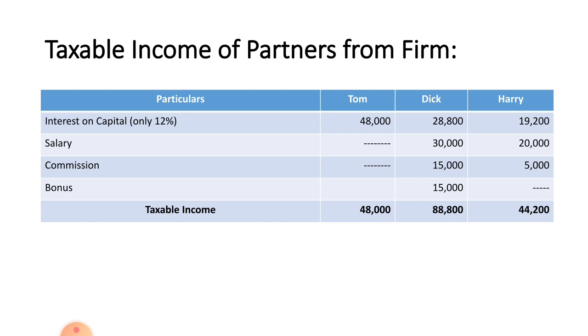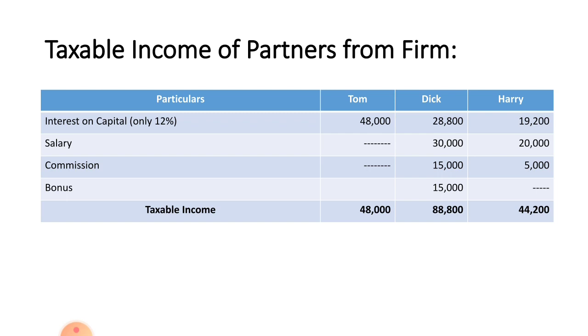Next thing you have to calculate is share of income of partners from the firm, which is taxable under section 28. That includes interest on capital only 12%. Okay, here above 12% is disallowed, but interest on capital up to 12% is taxable in the hands of partners. And salary of working partner, commission of working partners and bonus of working partners are the taxable income of partners from the firm under section 28.